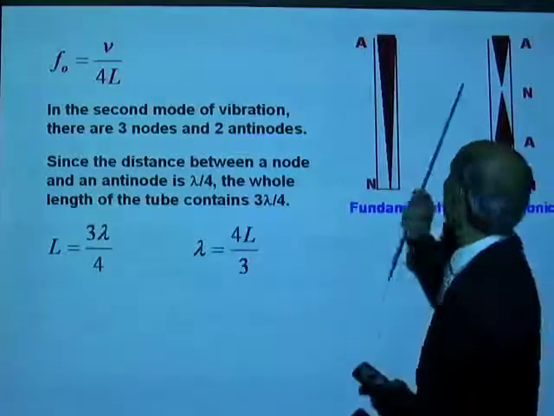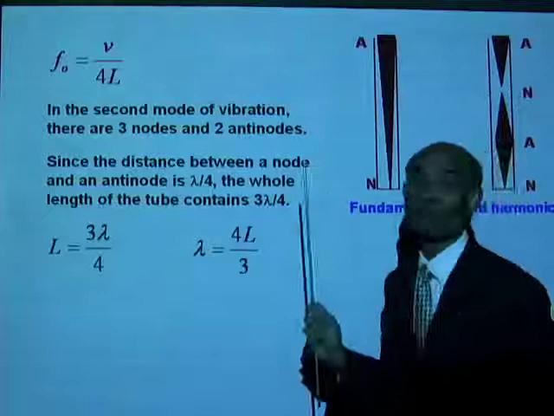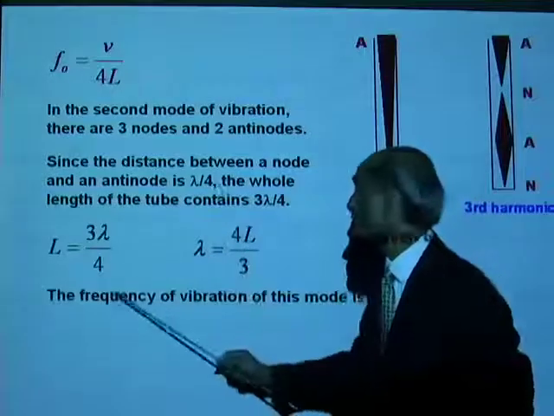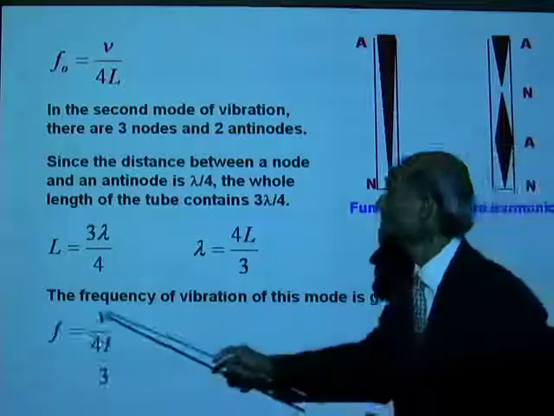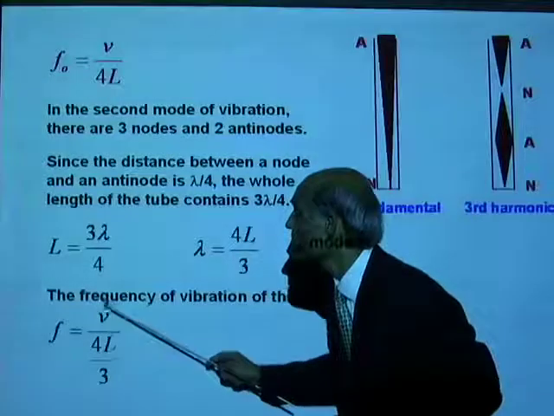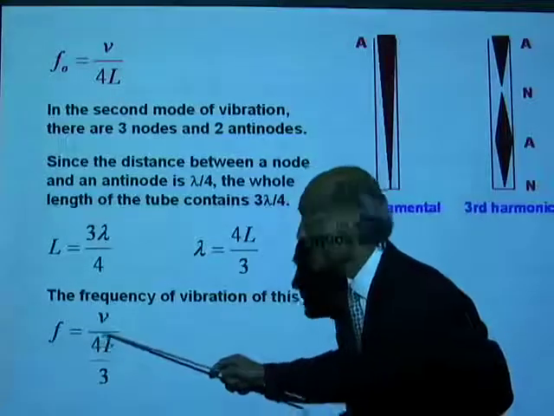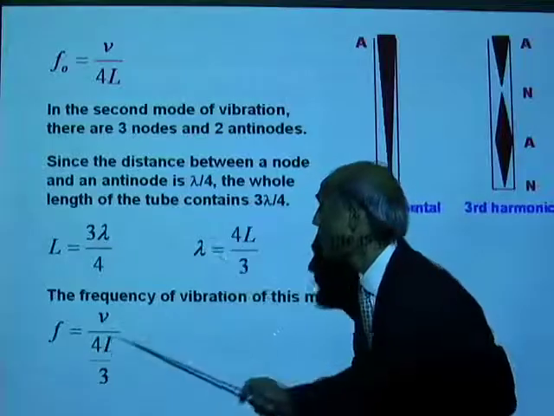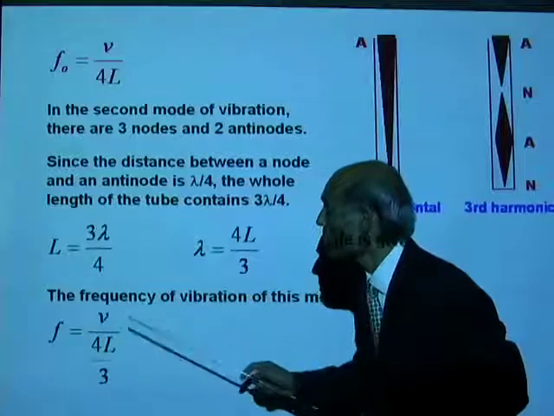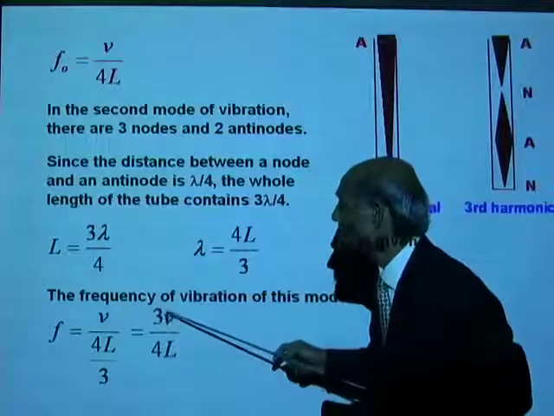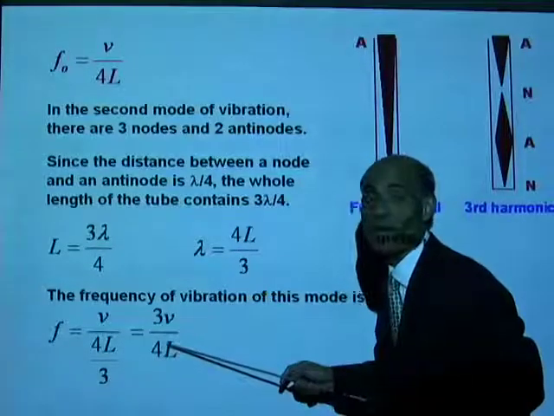Alright, let's now find the frequency of this mode of vibration. The frequency of vibration of this mode is f equals v over lambda. Our lambda is 4L over 3, and this 3 will go up. We get that's equal to 3v over 4L.